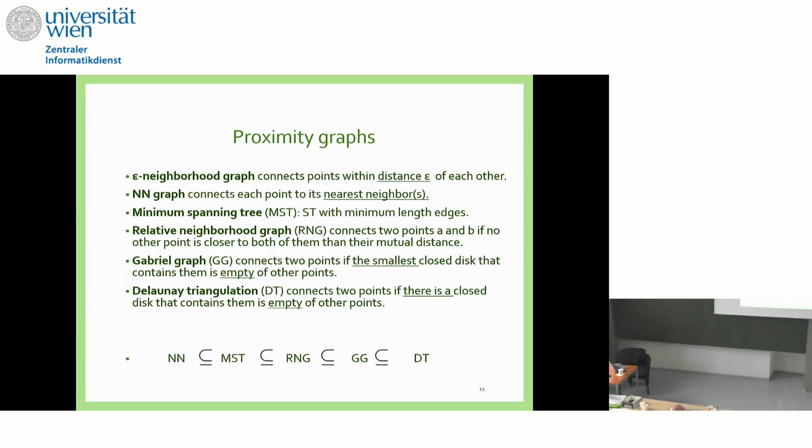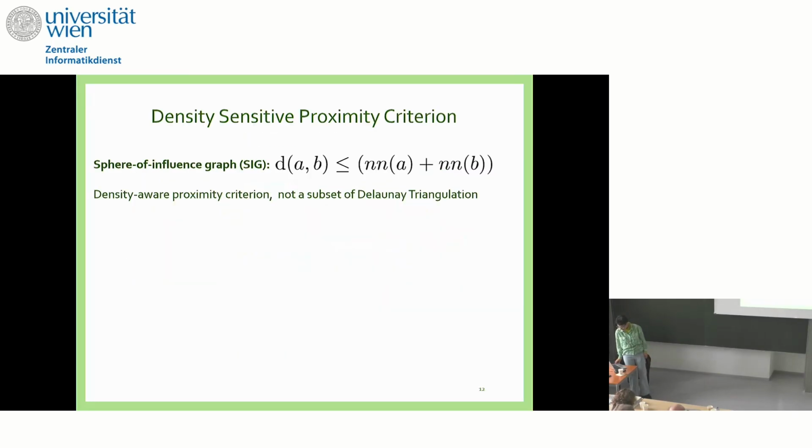Except, of course, the epsilon neighborhood graph that would depend on the epsilon parameter. And these are very classical, used in practice by many people. But there are also other kinds of proximity graphs that are less used, I would say, in practice, namely the one that I mentioned here, which is called the sphere of influence graph, which is not a subset of the Delaunay triangulation.